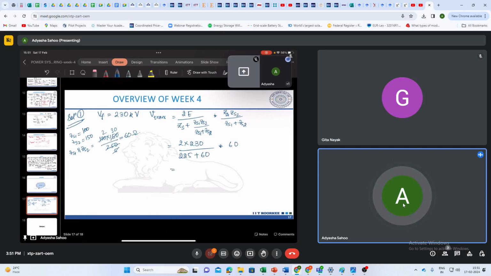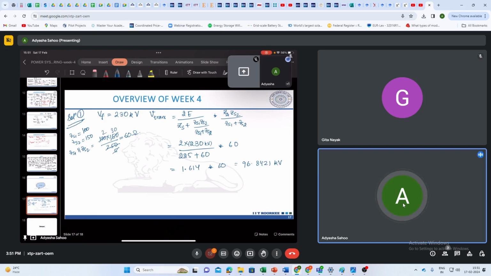This I get as 1.614 into 60, which comes out nearly as 96.8421 kV, because this was in kV.